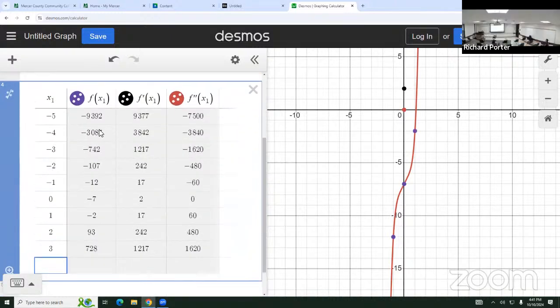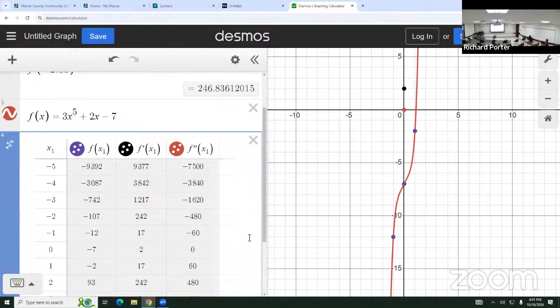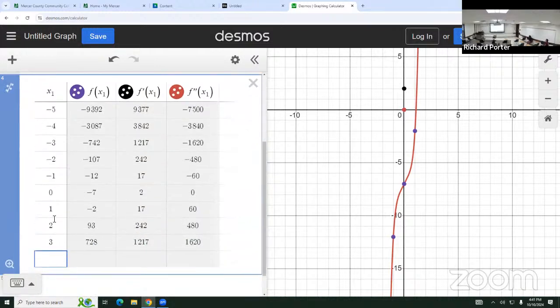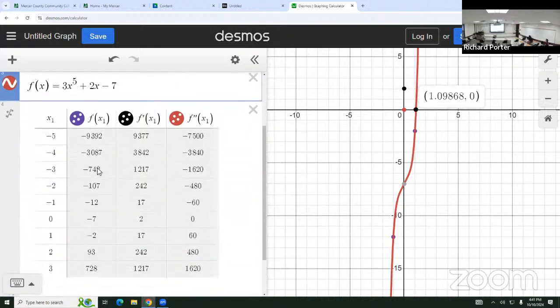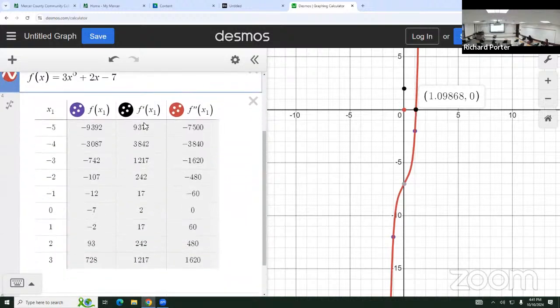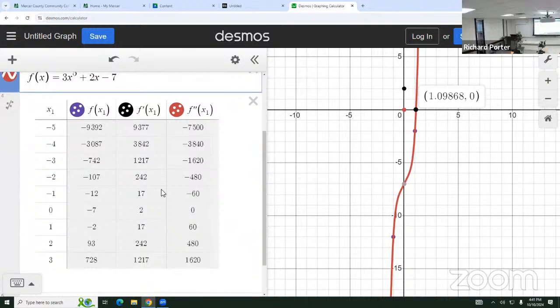Okay, so now what do you see? You see that the function has a 0 somewhere between 1 and 2. Yeah, there it is, 1.09. Fine, don't care about that. Are there any zeros for the derivative? No, it's always positive. You see how this graph is always increasing? How about the second derivative? Do you see an inflection point and where might it be?